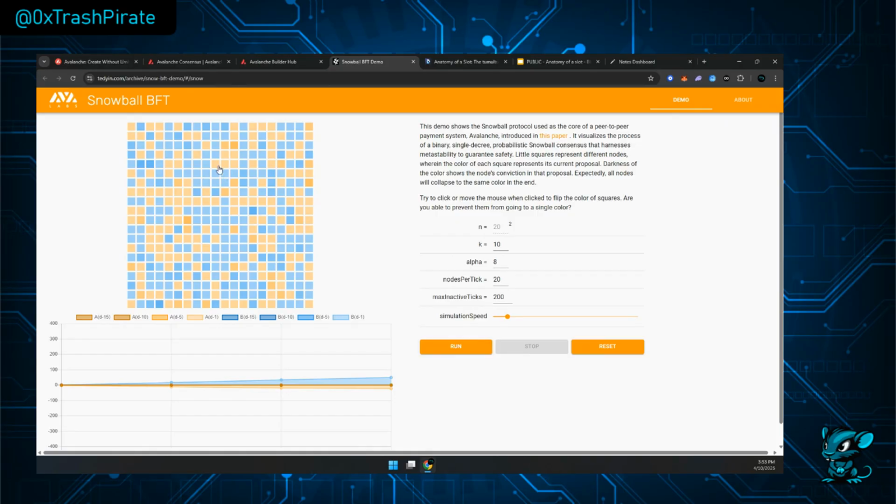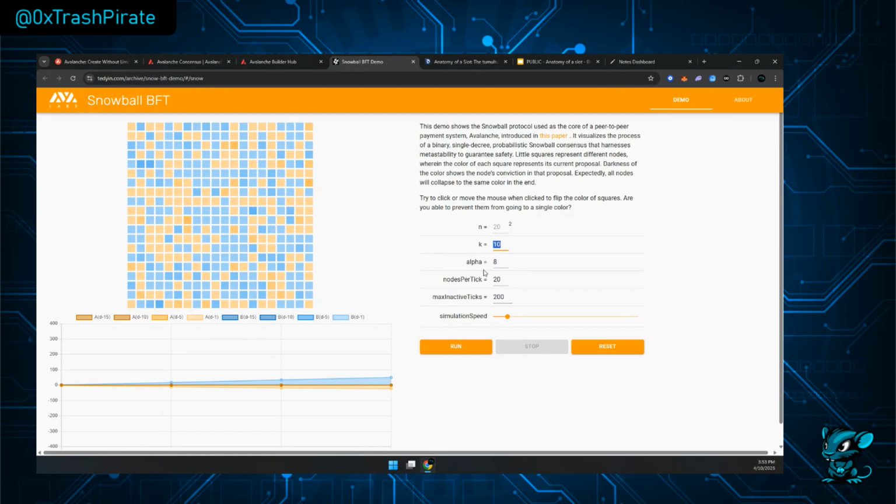And how the protocol works is that each of these validators is randomly sampling, in this case K means 10 other validators, to see what their answer is. They're asking, is this block valid or is it not? And it takes on the decision that was made by the majority of the validators it asks.